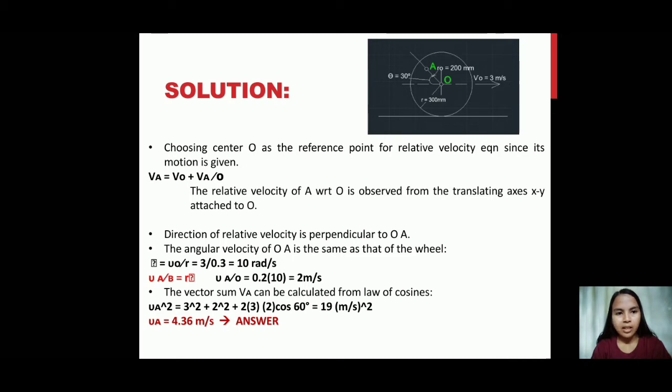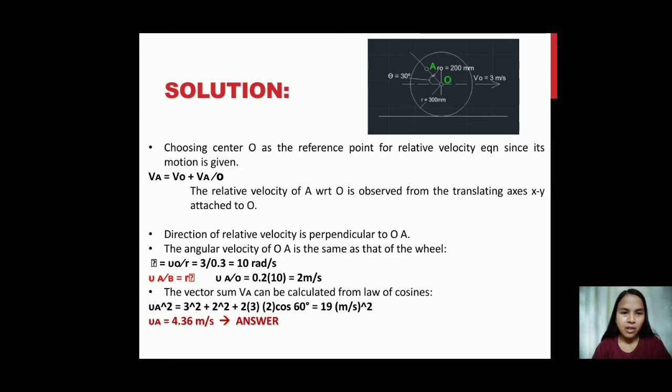So the velocity, which is 3 meters per second, divided by the radius, which is 300 millimeters converted into meters, that would become 0.3 meter. So 3 divided by 0.3, the angular velocity has the value of 10 rad per second.